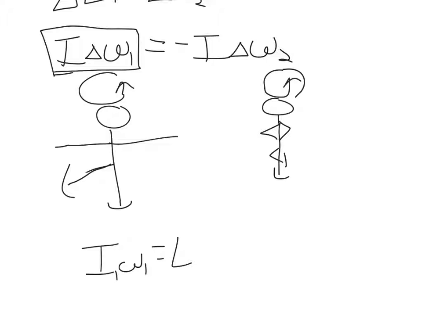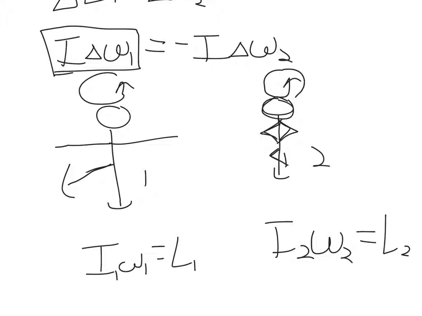And then later, he has some new moment of inertia, because the shape of his body has changed when he tucks the arms in and tucks the leg in, times his new angular velocity. So that's L1, and that would be his L2, his angular momentum. So he has some angular momentum in position 1 and some angular momentum in position 2.